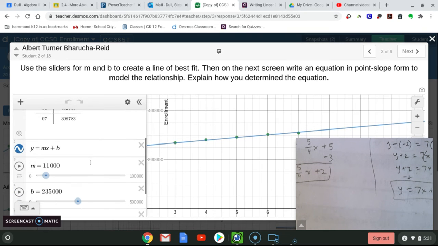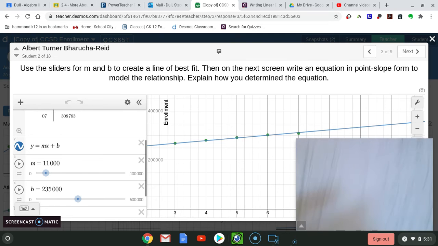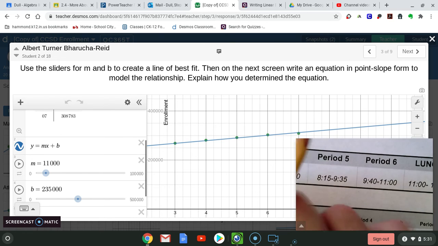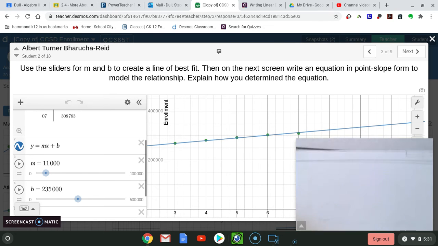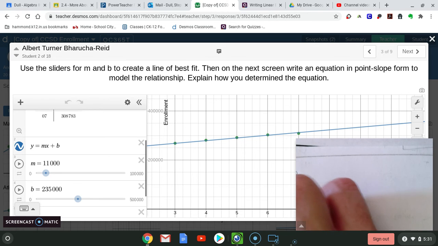If I scroll down, we'll get a look at this person's figures that they used. Right. So they had a slope of 11,000 and a y-intercept of 235,000.